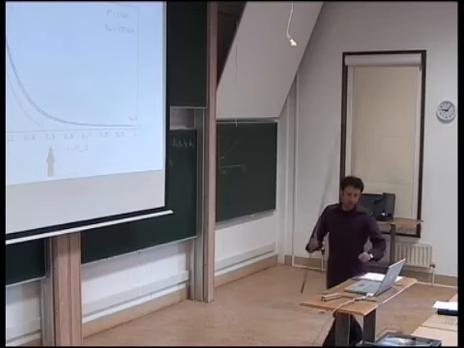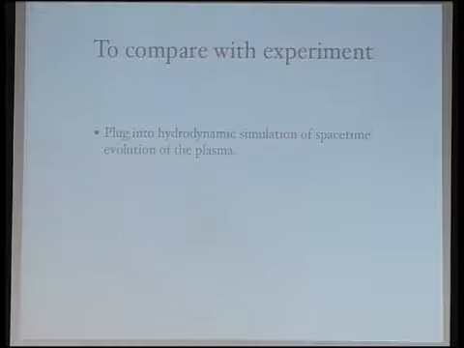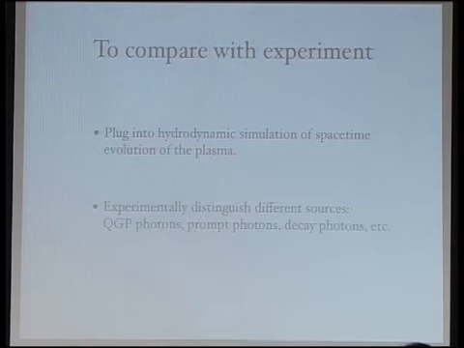So what you would need to do is take these results and plug them into a hydrodynamic simulation for the space-time evolution of the plasma. Moreover, experimentally, there are lots of sources of photons in these collisions.